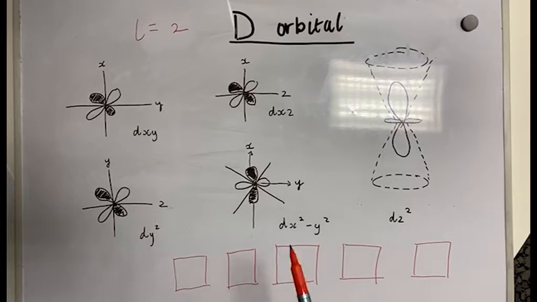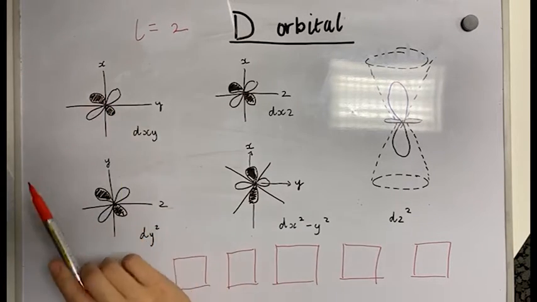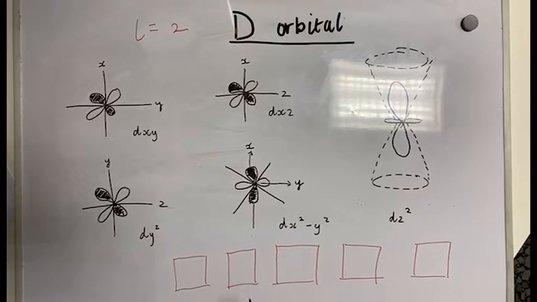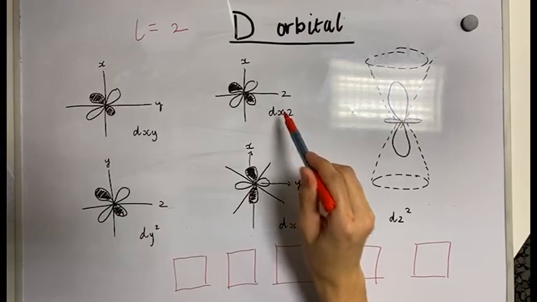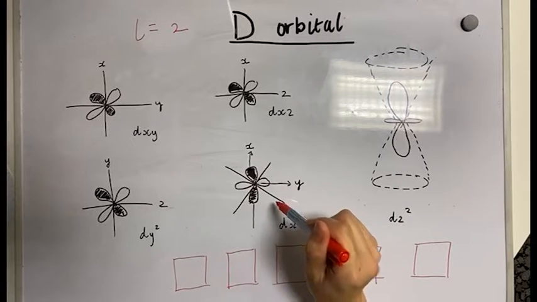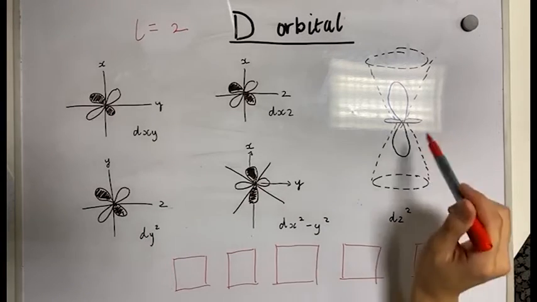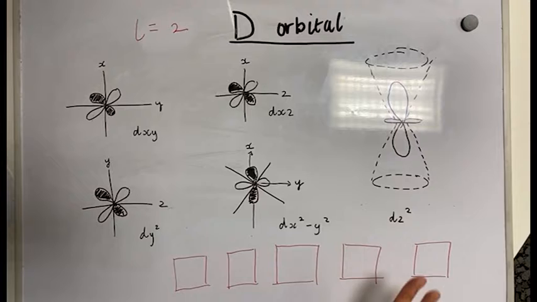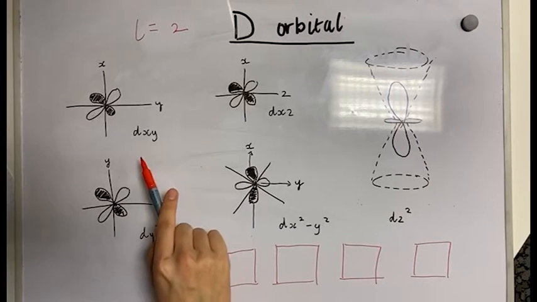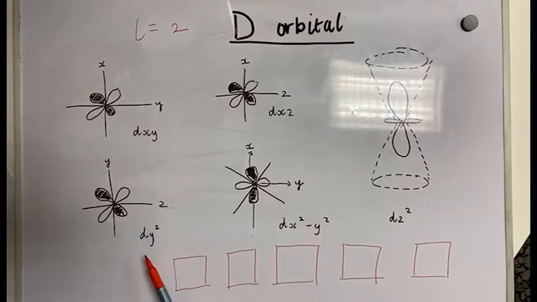So for example, this energy level can accommodate that d orbital, and that one can accommodate that one, and that one that one. So there are 5 d orbitals that we need to know: dxy, dxz, dyz, dx squared minus y squared, and dz squared.